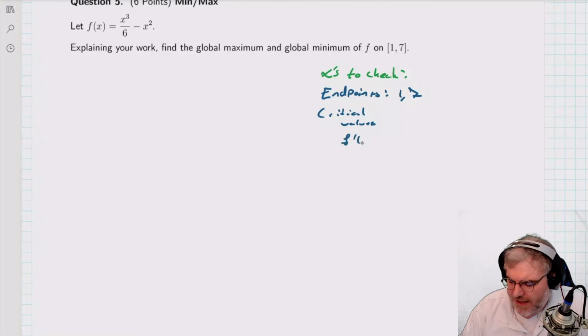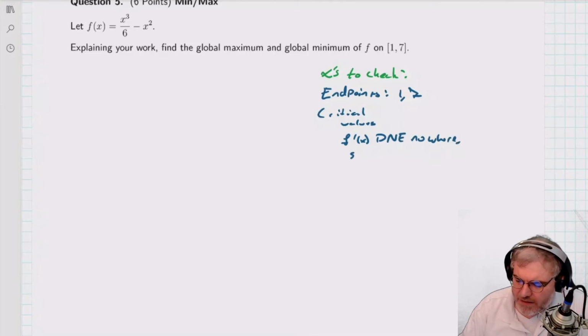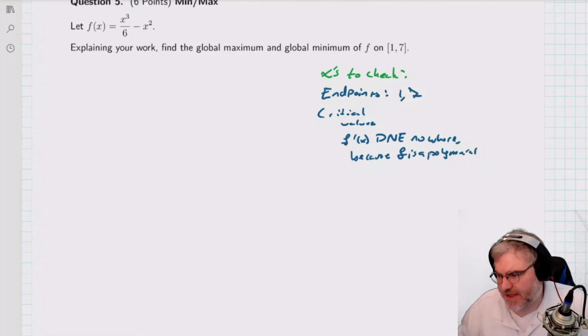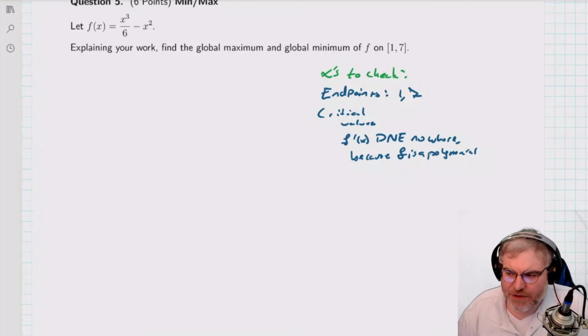f prime of x DNE nowhere except the endpoints, because f is a polynomial. Right, so f is differentiable everywhere except the endpoints, so I don't add anything when I do my critical numbers.